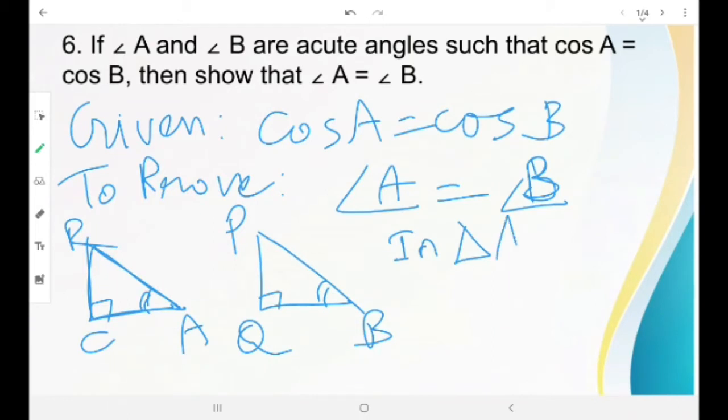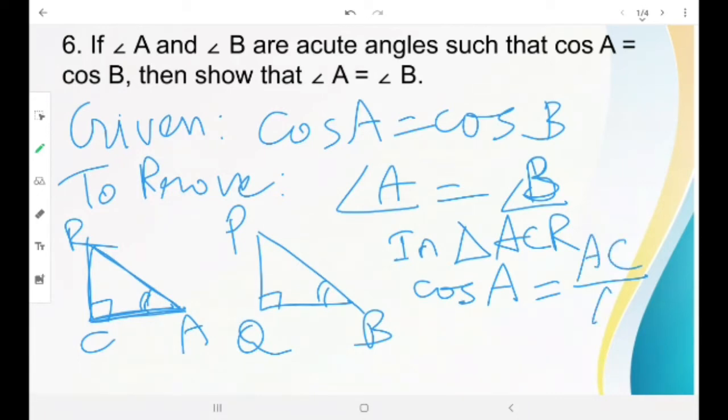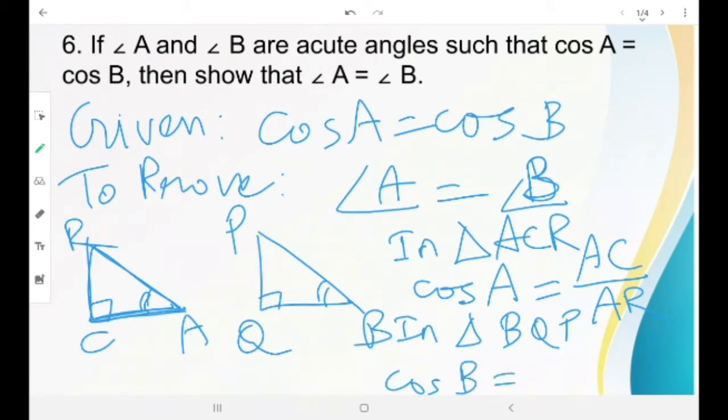In triangle ACR, cos A is equal to adjacent by hypotenuse, that is, adjacent to A is AC, hypotenuse is AR. Similarly, in triangle BQP, cos B is equal to adjacent to B is BQ by PB.